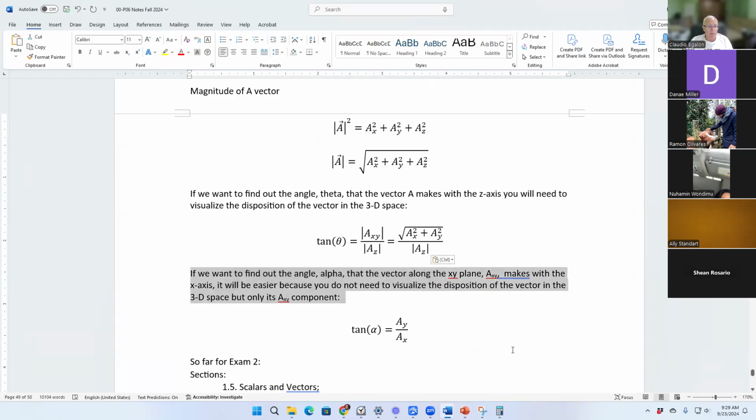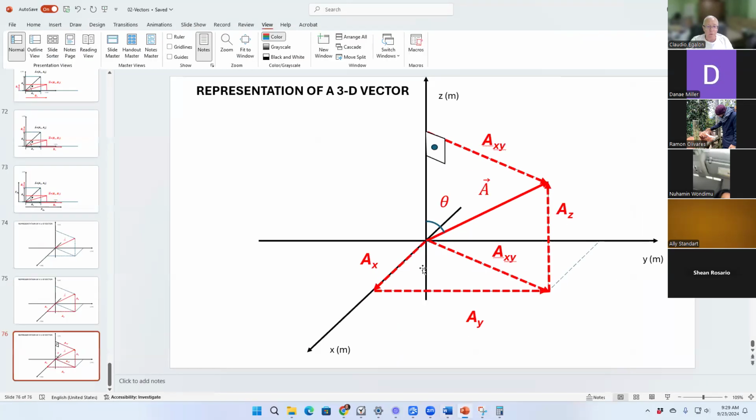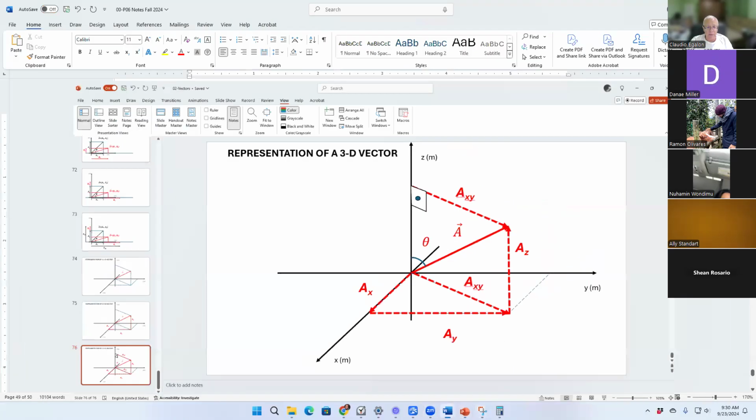Now, if you want to find out the angle alpha that the vector along the xy plane makes with the x-axis, right? If you want to know this angle right in here, all you have to do is Ay over Ax, right?